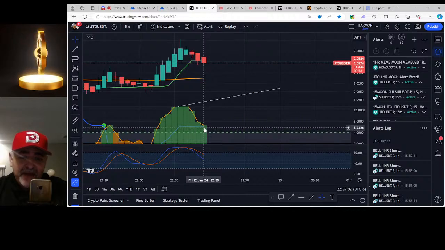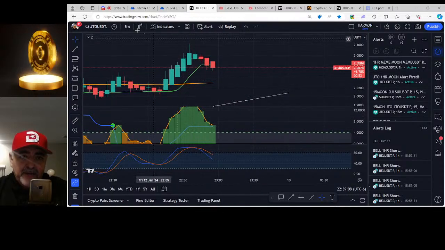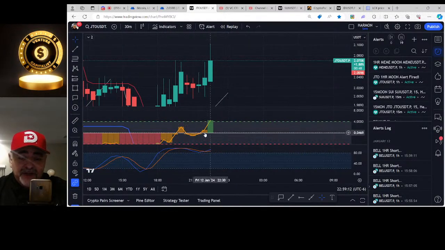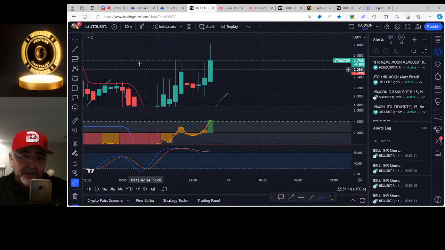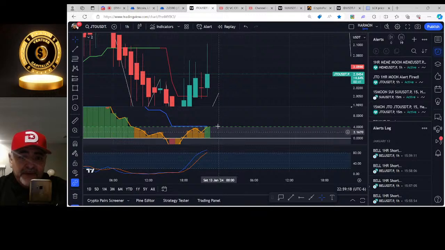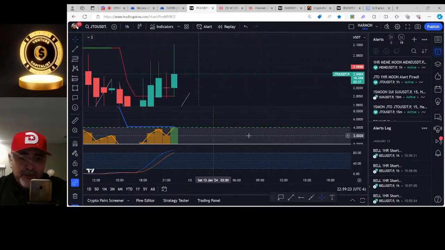So if this happens, I have to close my trade, right? But if it can survive this move here and get back to business, then we're in a good position. But like I said, I got to trade off the system. If it tells me what to do, I have to do it, and it is what it is, right? But this is where you can see this little round moon pop up here.